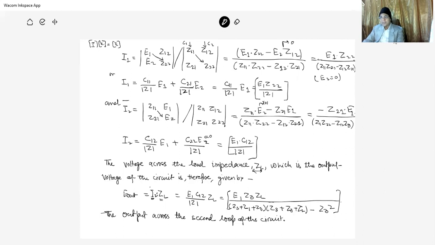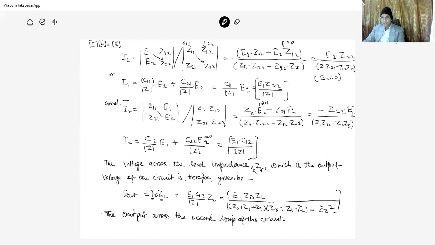So I1 can be expressed as C11 upon Z into E1 plus C21 upon Z into E2. What we are doing basically is this: this is the impedance determinant Z11, Z12, Z21, Z22.